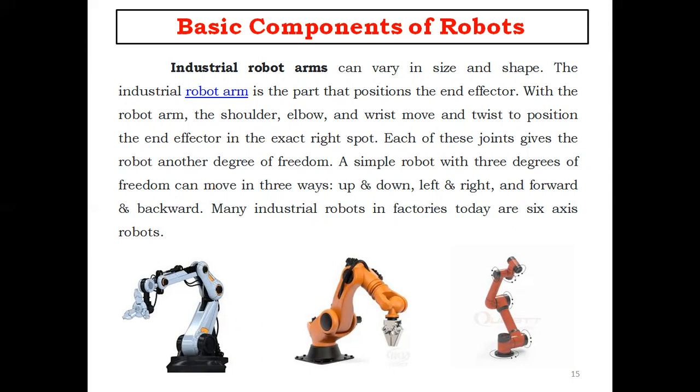We can go for 3, 4, 5, and in many industrial robots we have 6-axis robots. So the first is the controller, which acts as a brain. Second, we have variety in size and shapes, and degrees of freedom. A simple robot has 3 degrees of freedom, which indicates up and down, left and right, and forward and backward.